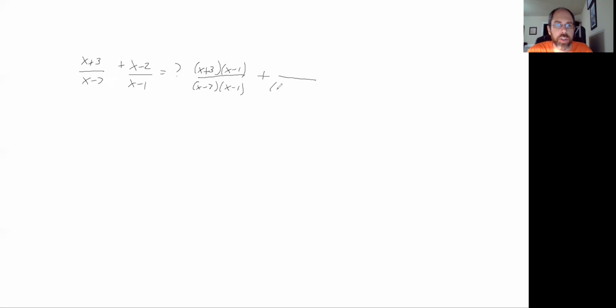For my second fraction, once again, I want my common denominator. So what am I going to have to do to get this into this? I'm just going to multiply it times x minus 7. But if I do that to this, I must do the same here. So I have x minus 2 times x minus 7.